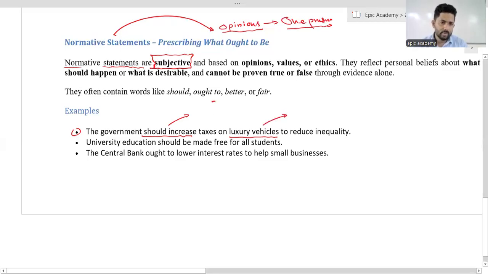Subjective and based on opinion. Yeah, that kind of statement is based on opinion, to describe what they are expecting, what kind of things they are expecting, but it is not an actual situation, only expectation.